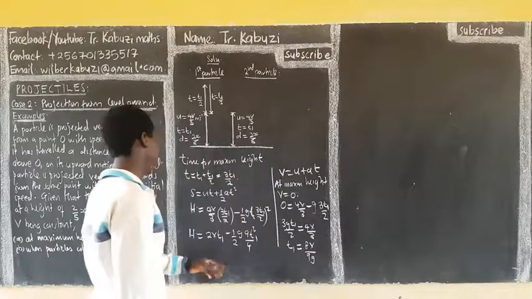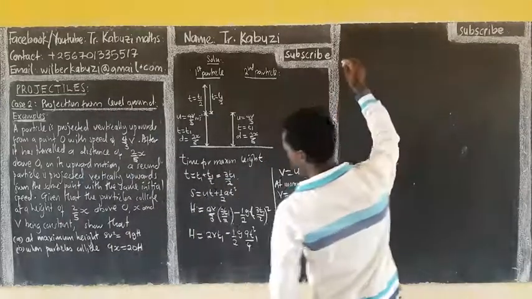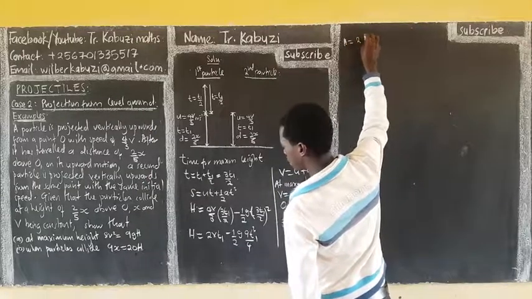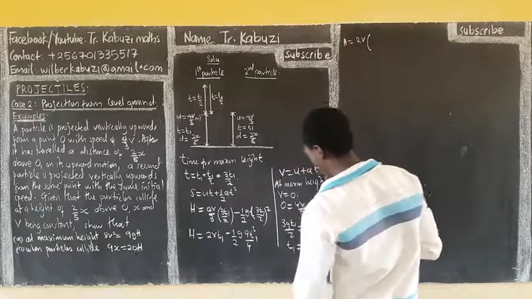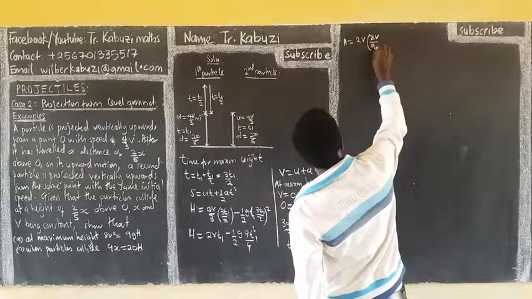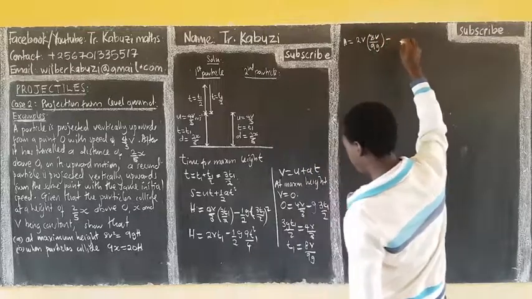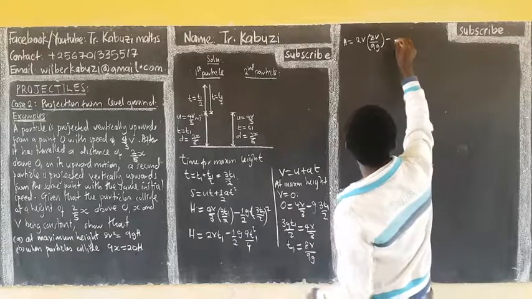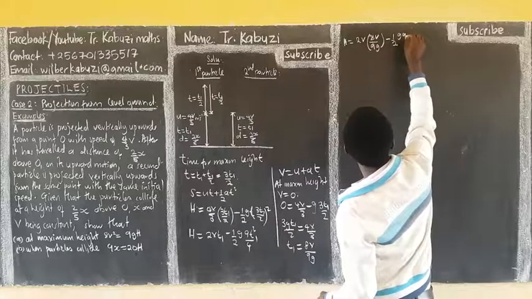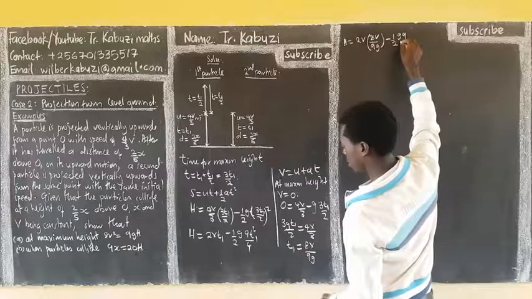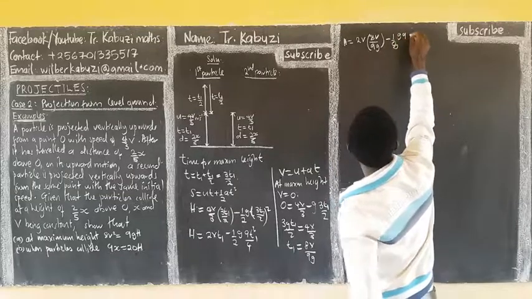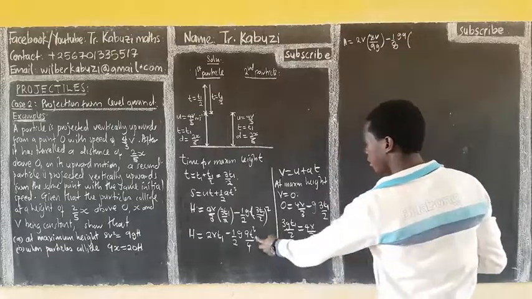So meaning, if we substitute there, now our h will be equaling 2v into our t, which is 8v over 9g, then minus a half g times 9 over 4, which is going to be 8, into our t squared.